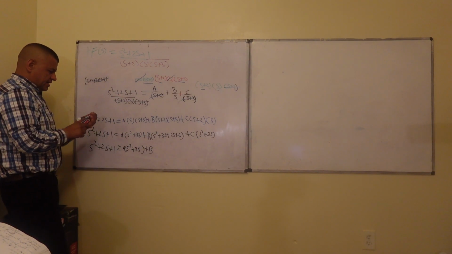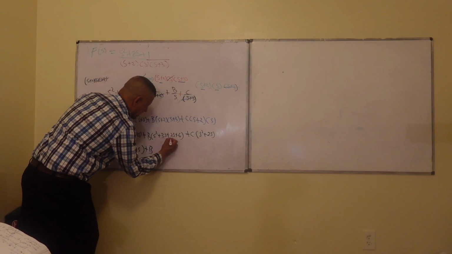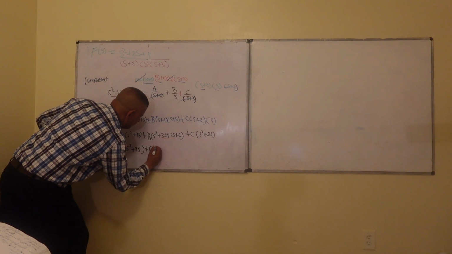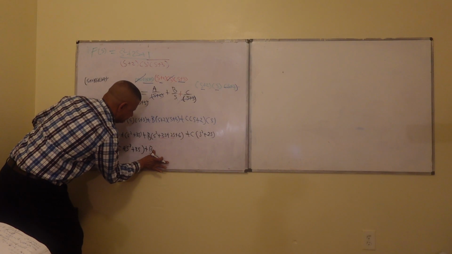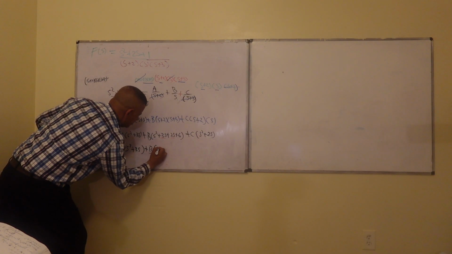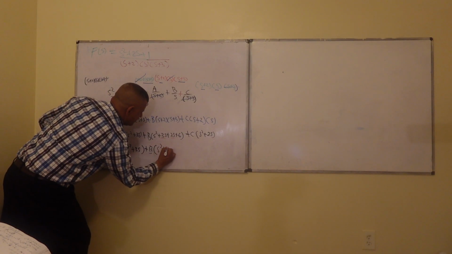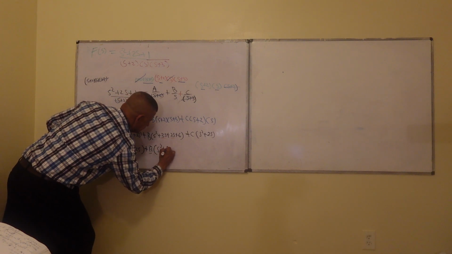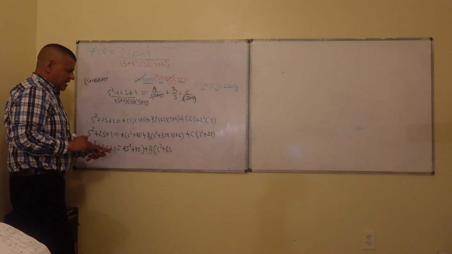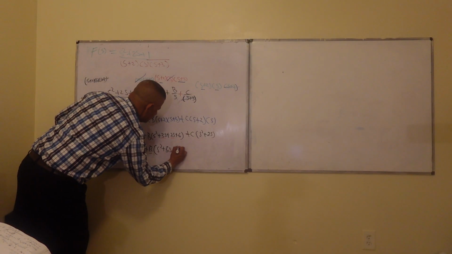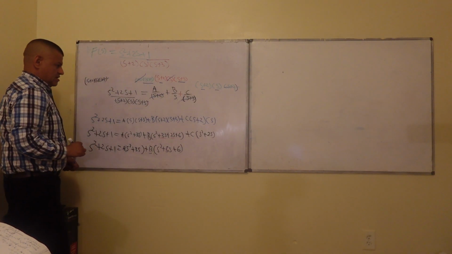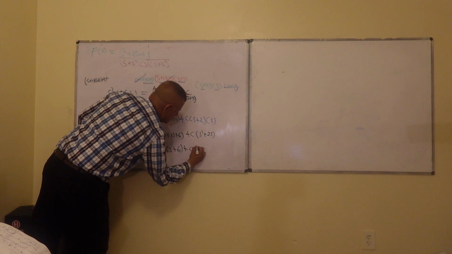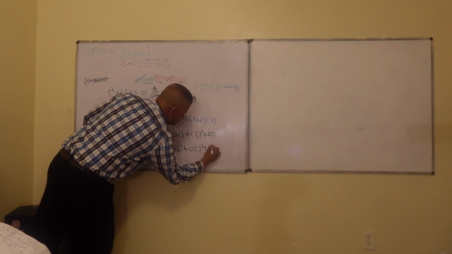So now plus b, and inside I'm going to have s squared plus 5s, and it's kind of hard to write the s's and the 5s, and then plus 6, plus c s squared plus 2s.